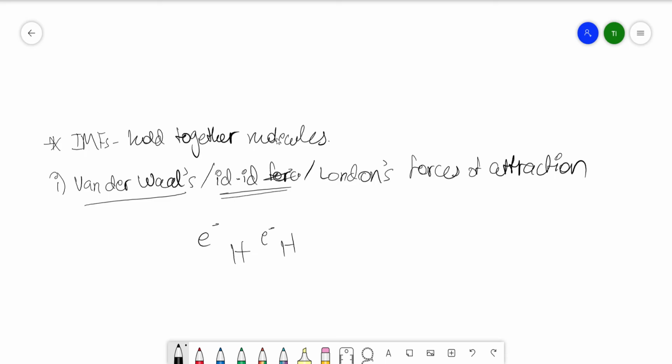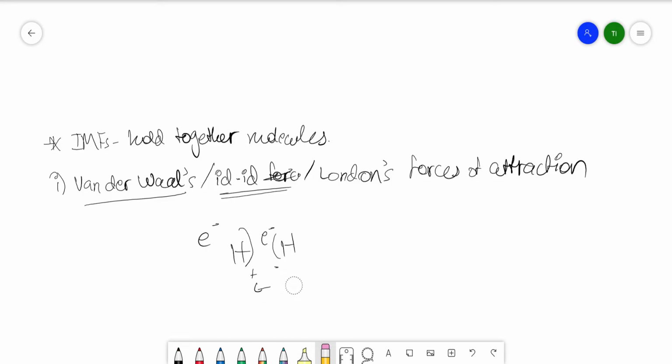So this region is more positively charged, and this region is more negatively charged. Because of this orbiting of the electrons, there's a small attraction between this positively and negatively charged area, and that is basically what van der Waals, induced dipole-dipole or London's forces of attraction is.